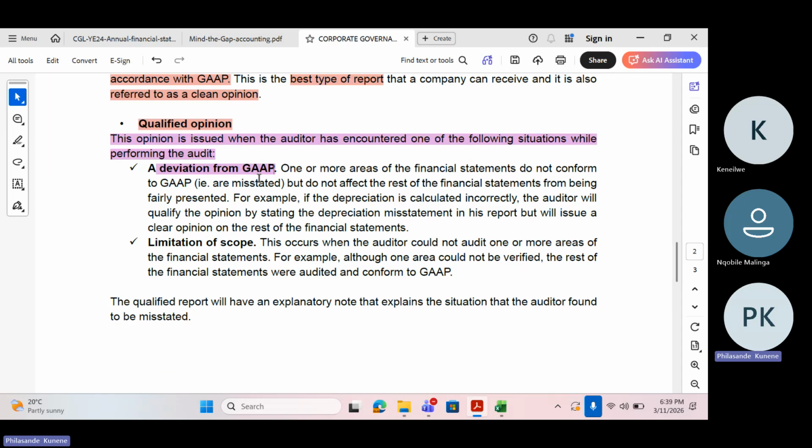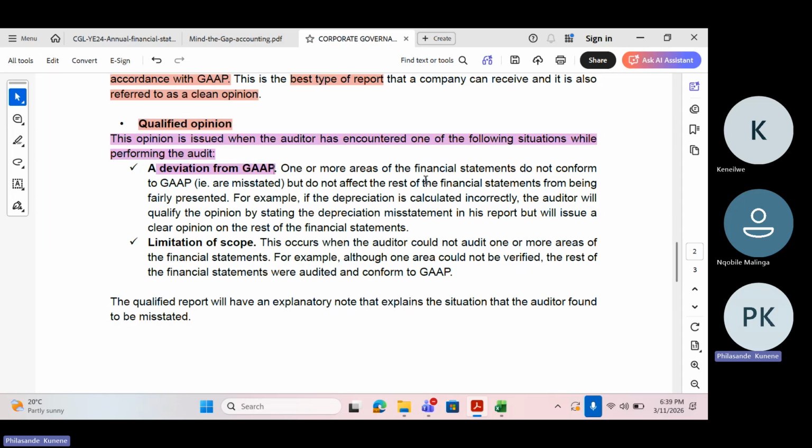You are moving away from the rules. Whatever you recorded in your financial statements is not within the rules because you have deviated.